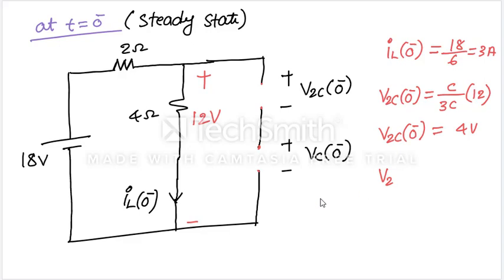Next, VC. This voltage VC of 0 minus is how much? Obviously 8 volts. Right, these are the initial values. Now I will redraw this complete network.